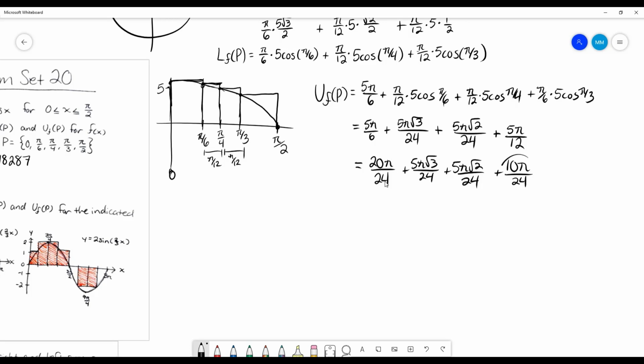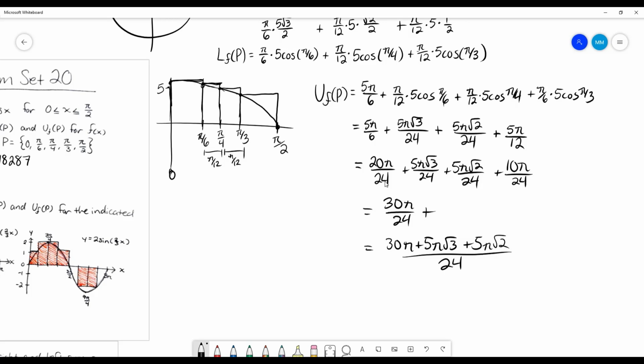And these actually do combine quite nicely. That's lucky. So it's 30 pi over 24 plus both of these, which is then just 30 pi plus 5 pi square root of 3 plus 5 pi square root of 2 all over 24.